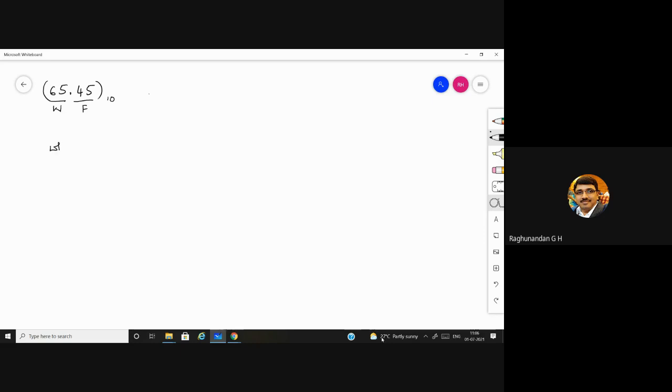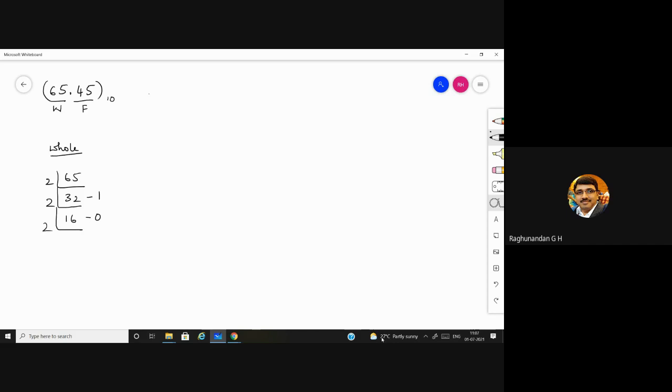First, for the whole number 65, since we need to convert it into binary, divide by 2. So 2 32s are 64, remainder is 1. Next, 2 16s, remainder is 0.